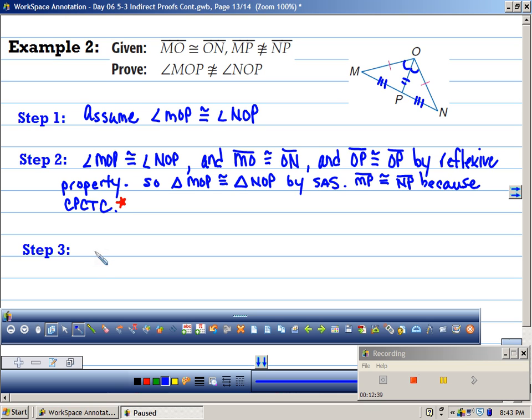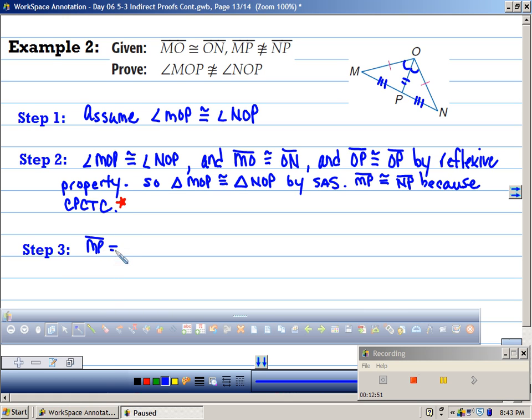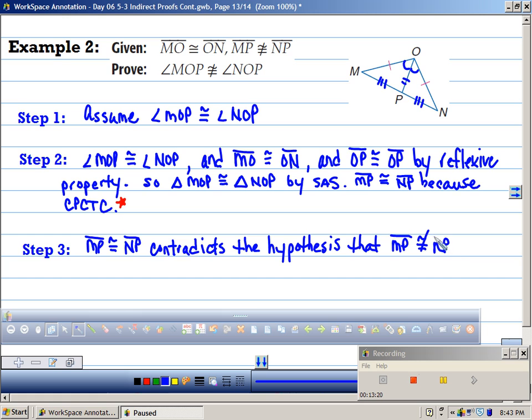Okay, so being that MP is congruent to NP contradicts the hypothesis that MP is not congruent to NP.